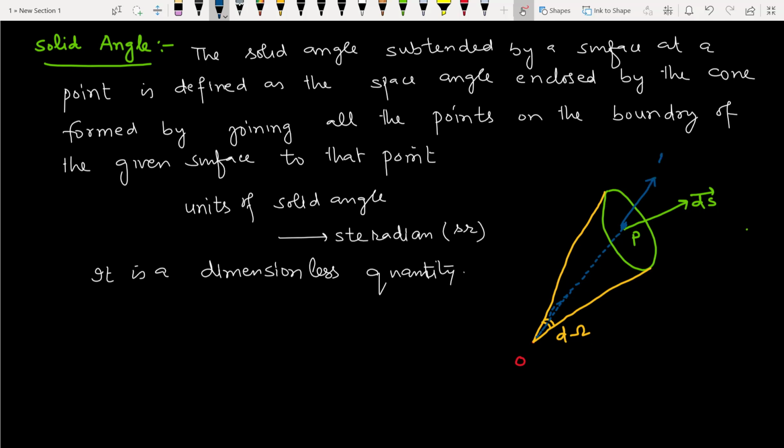This is r cap. Let this angle be theta. Then the solid angle is defined as ds vector dot r cap divided by r square.